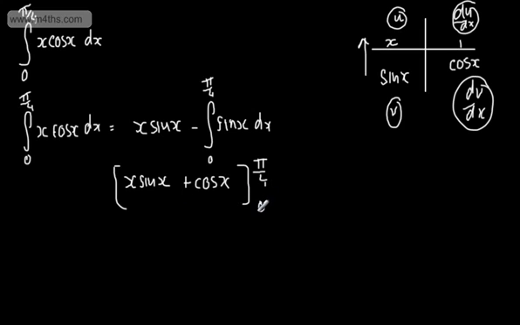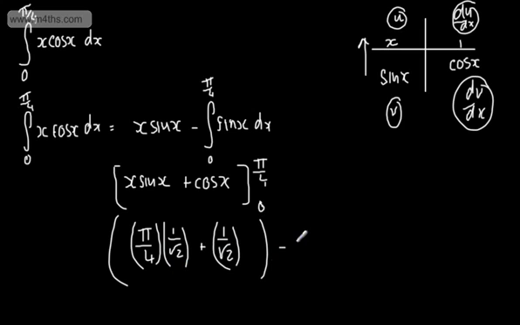If I plug in pi by 4, we're going to get pi by 4 multiplied by the sine of pi by 4. The sine of pi by 4 is 1 over root 2, or root 2 over 2. Plus the cosine of pi by 4, which again is 1 over root 2, or root 2 over 2. Now if we subtract away from that, if I evaluate 0, that's going to give me 0 as x is 0, and then the cosine of 0 is going to be 1.